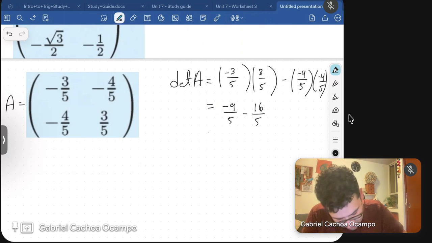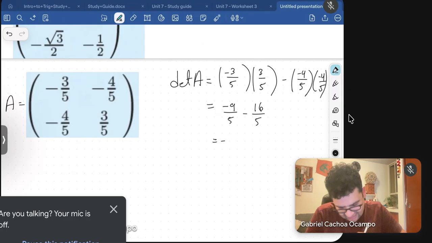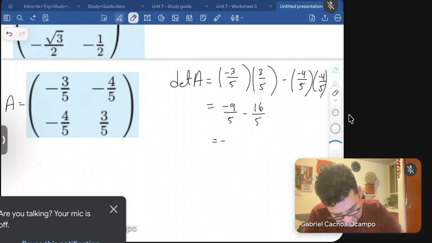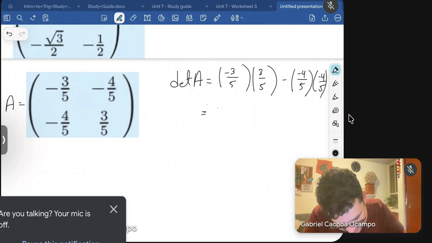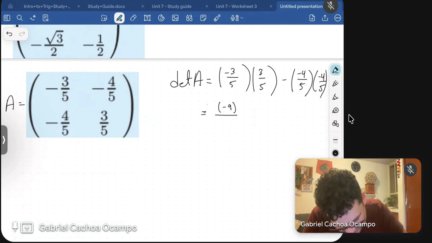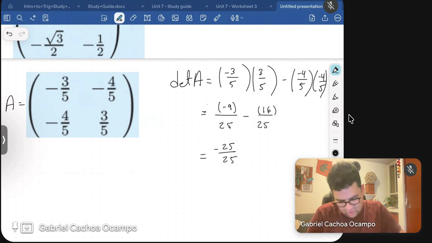Am I doing it wrong? Of course, you don't know how to multiply your fractions, Mr. Cachoa. This is negative 9 over 25 minus positive 16 over 25, no? And so this becomes negative 25 over 25, which is again a reflection, no? O sea, this is negative 1.